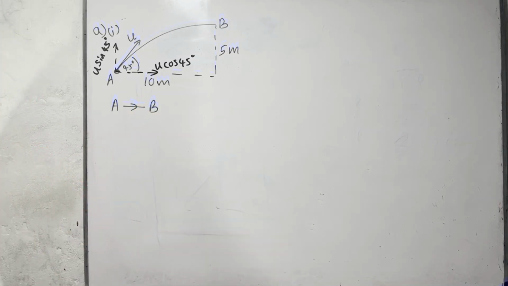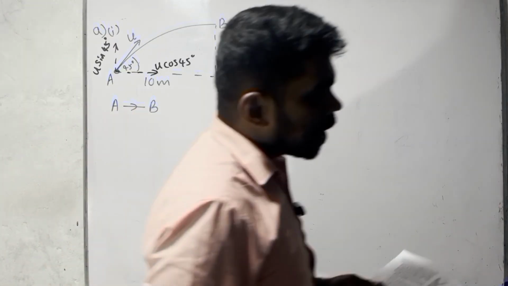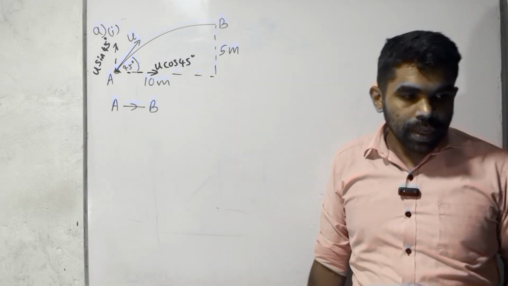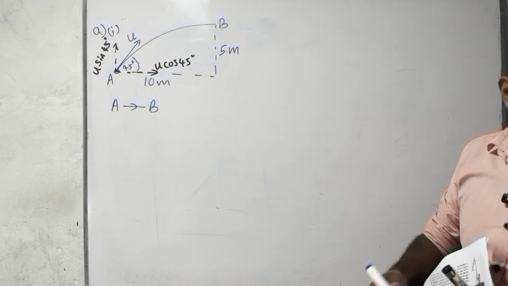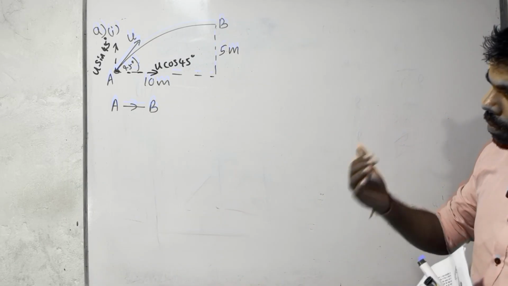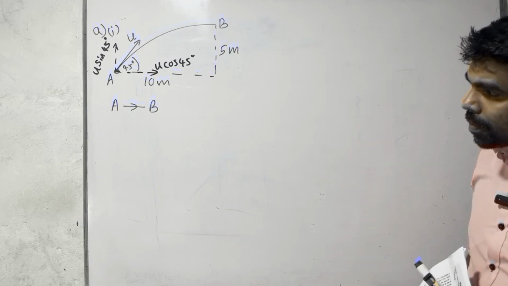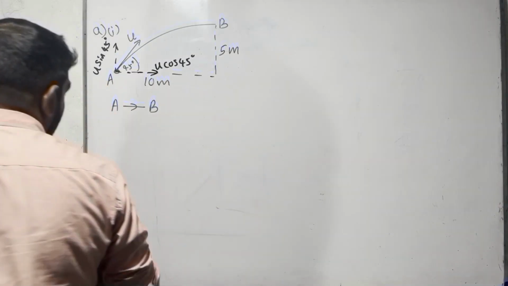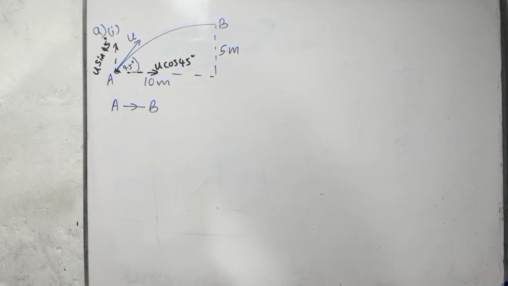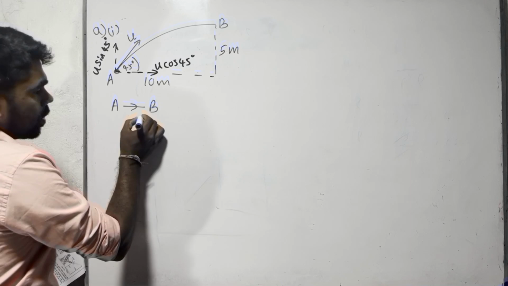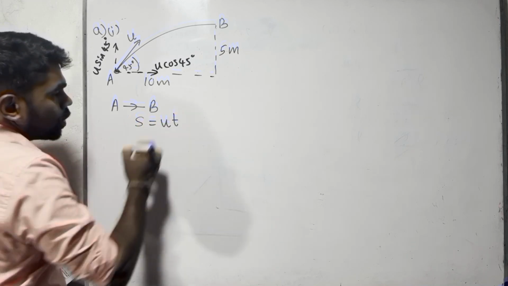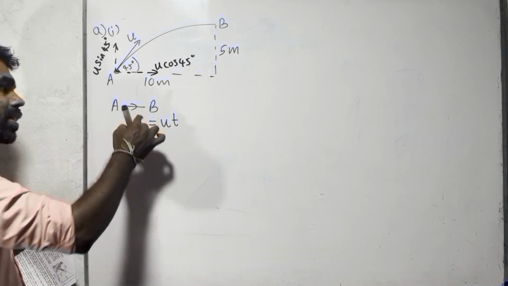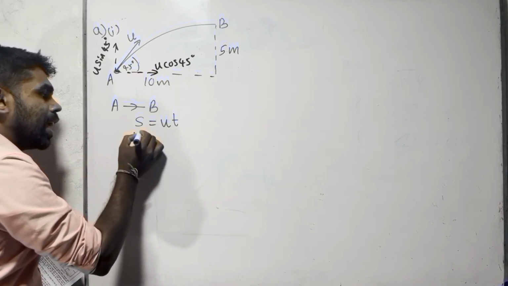We know that there is no acceleration in the horizontal direction. Therefore, horizontal displacement is 10 meters, and we can use only S equals ut in the horizontal direction. S is the horizontal displacement, it is 10.